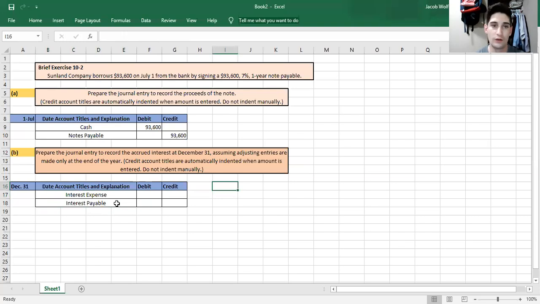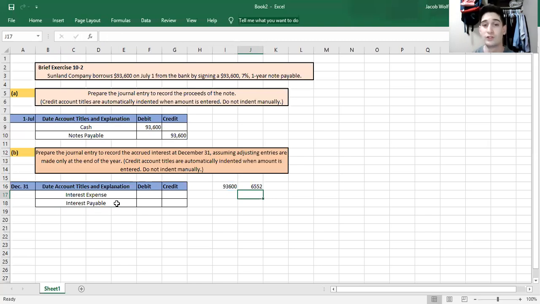Just on a side note, to calculate interest, you're going to multiply $93,600 by the 7%. That times 0.07 is equal to 6,552.